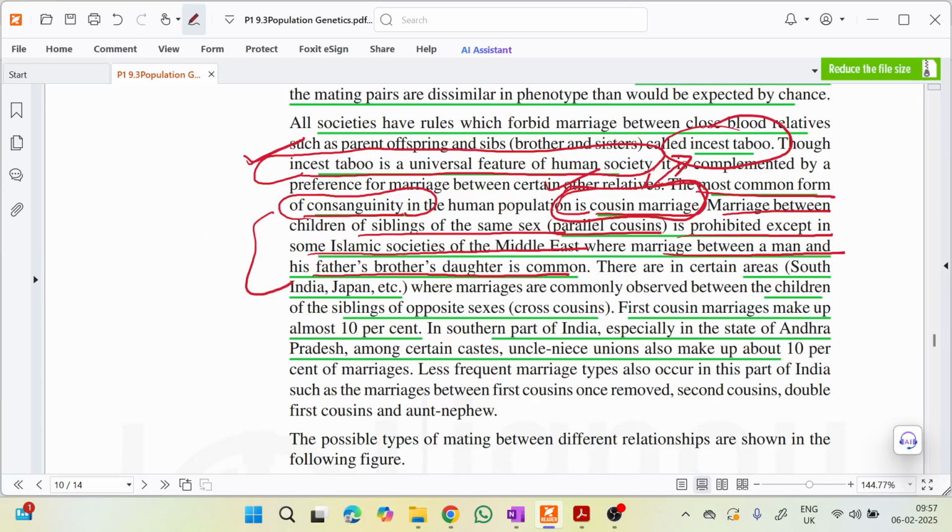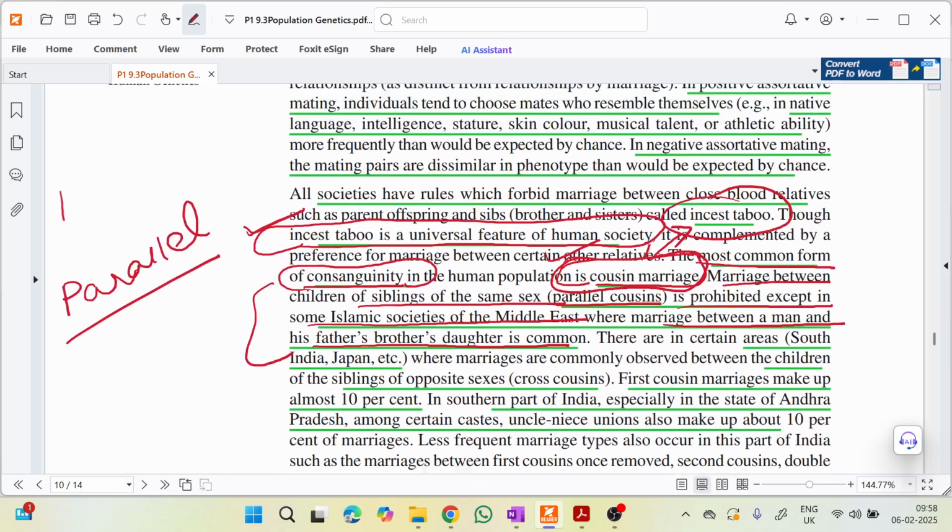So another instance, just as I said, marriage can also be clubbed into prohibitory and preferential. Preferential I have already told you about, sortative mating. Then under prohibition, number one, incest is clearly and strictly prohibited.